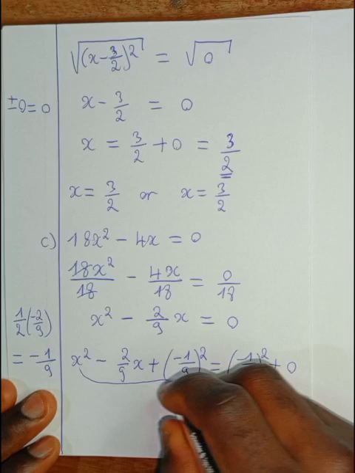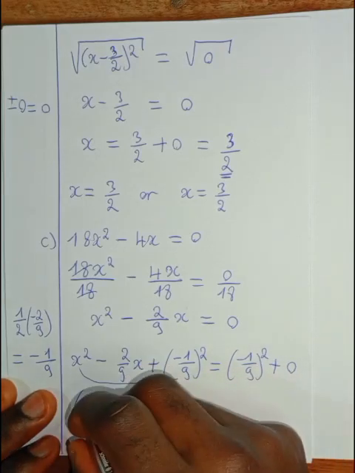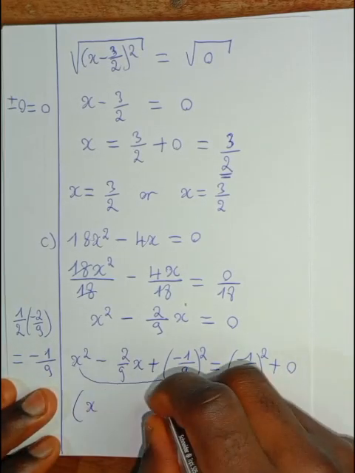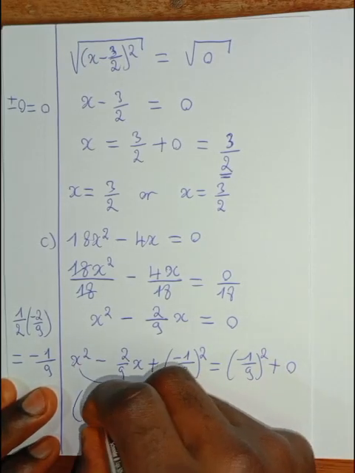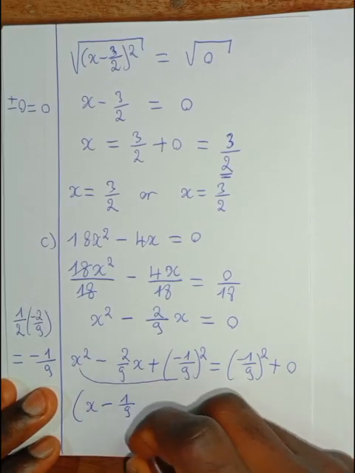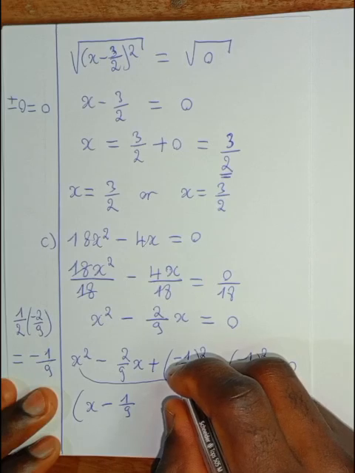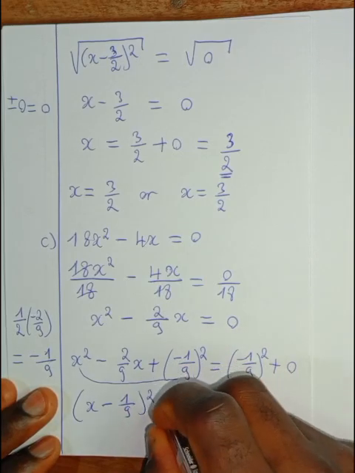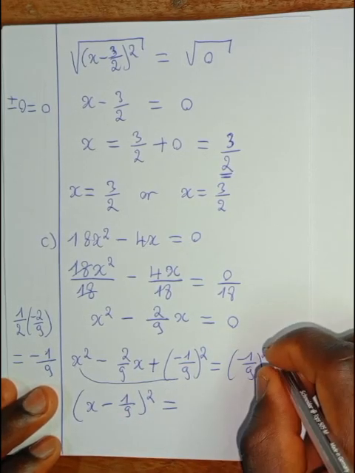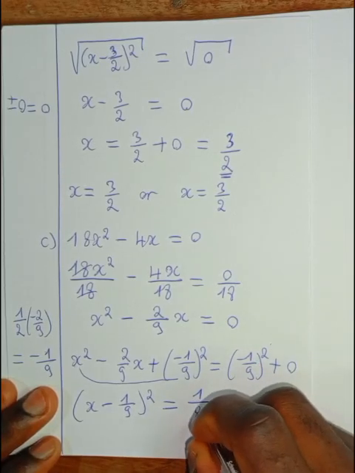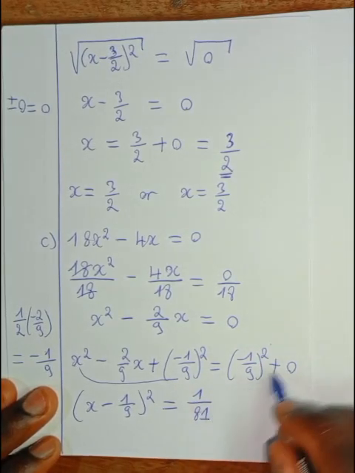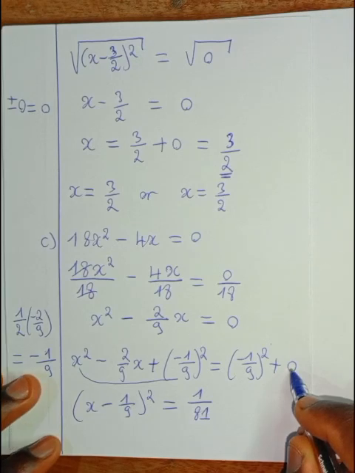We know this is a perfect square, and the factorization of it is simply you take x plus what you have in brackets here, then you square it, x minus 1 over 9, because there's a negative sign here. All this squared will be equal to negative 1 squared gives us 1, over 9 squared gives us 81. So 1 over 81 plus 0 remains 1 over 81.